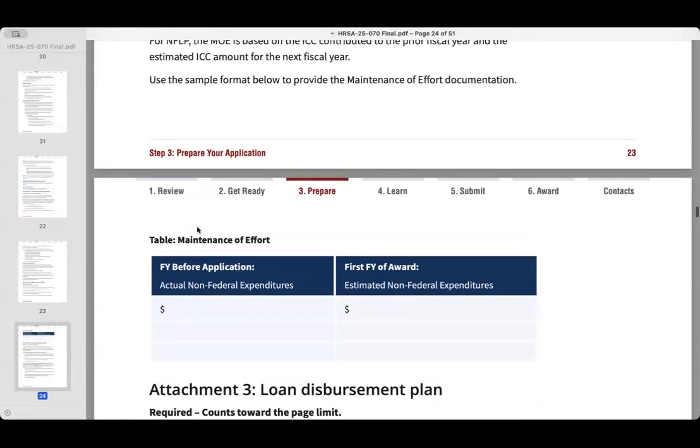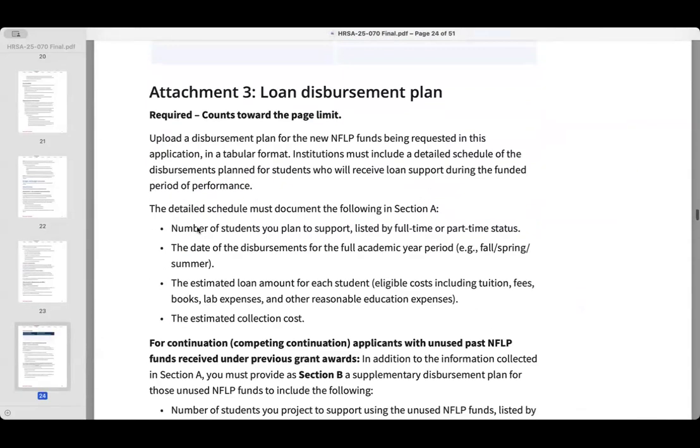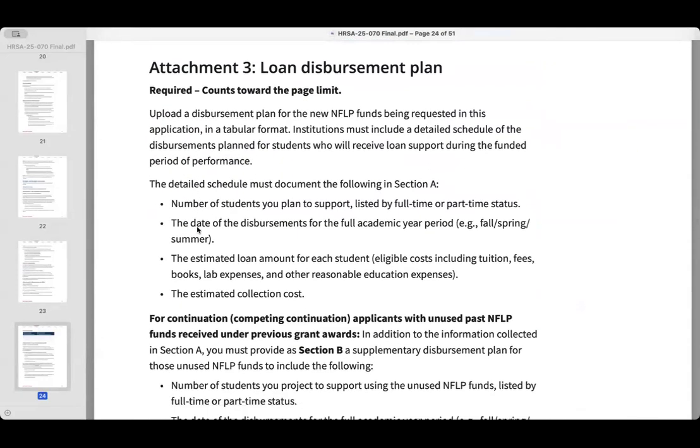All right. And then we have some other details about how the loan disbursement plan will go. And note that, very importantly, for any online graduate nursing program, full-time versus part-time, how many students are you planning to support in each of those?